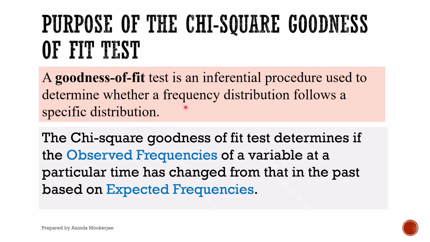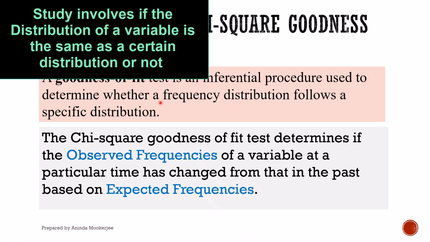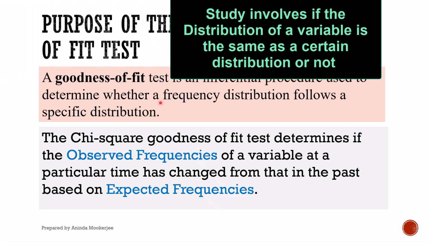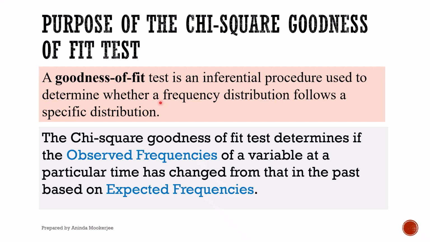It compares the frequency distribution of a certain variable obtained from a recent study with the distribution of the same variable in the past, perhaps 20 years back. So, for example, if we want to know whether the frequency of occurrence of heart disease has stayed the same today as it was 20 years back, or whether it has changed due to medical advancement, perhaps it has gone down, or perhaps it has gone up due to lifestyle changes.